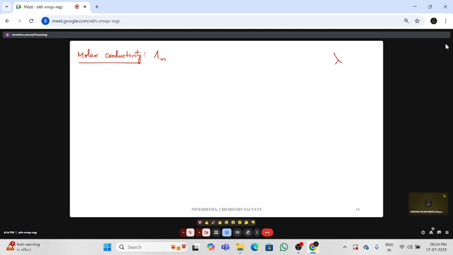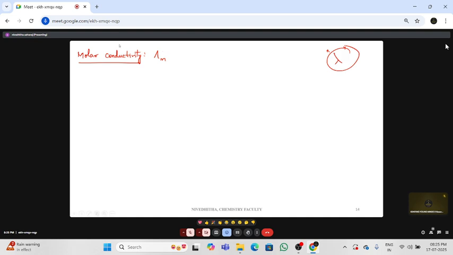What is this symbol, Kana? Lambda. This symbol is lambda, and actually, this is capital lambda.